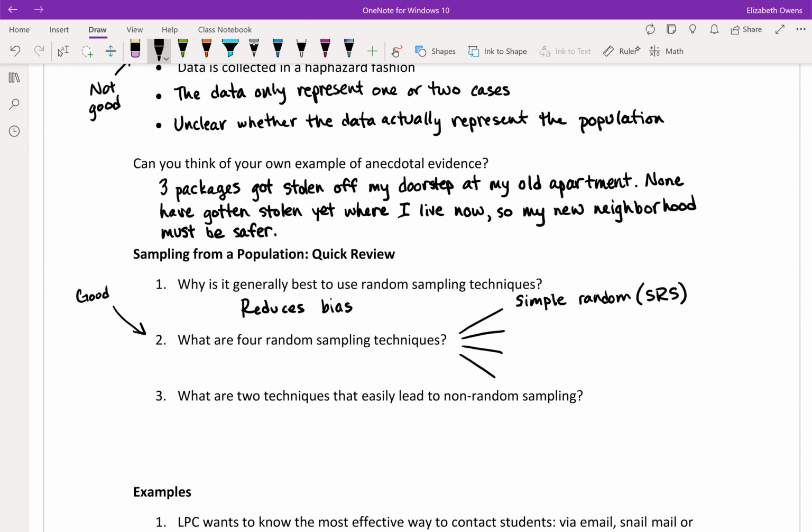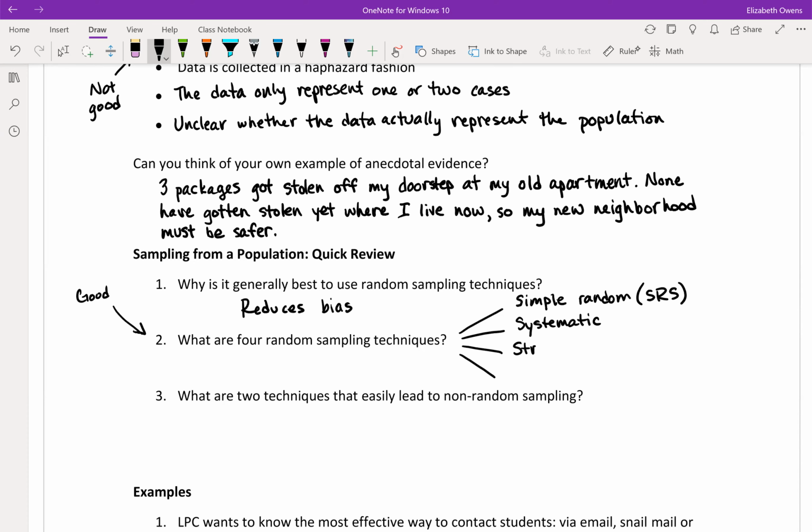Simple random sampling. And then we have systematic sampling. Okay, and that's where you randomly choose your starting point and then choose every nth or every kth individual after that. So maybe you start on individual number 5 and you take every 6th person from that point on. That's like a systematic sample.